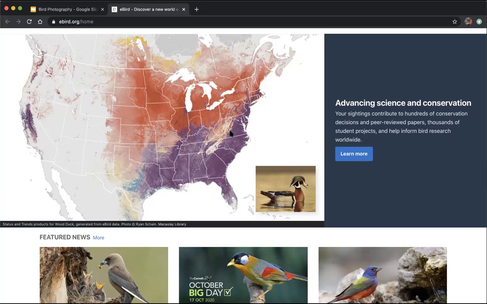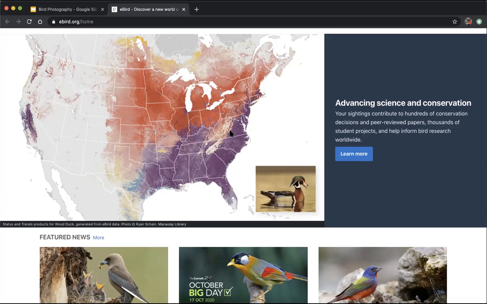Now imagine hundreds and thousands and millions of people doing that. You can then go back and query that database. You can look for hotspots. You can see what was seen in this location by birders in the last week, the last month, the last year, and so forth. They also give you historical trends, like when sightings of some birds increase in certain months and go down in other months.